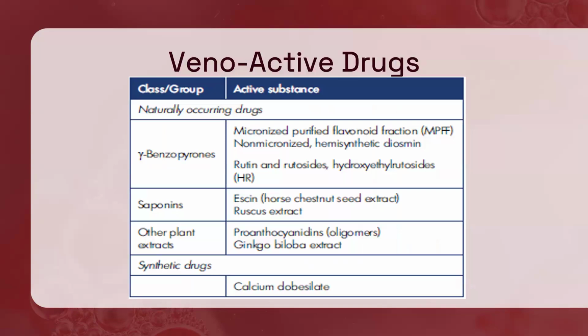So, coming to the venoactive drugs or the pharmacotherapy for chronic venous deficiency, as of now the micronized purified flavonoid fraction, which are venoactive drugs with a flavonoid derivative, have the largest evidence base for safety and long-term use. They have proven efficacy in suppressing the leukocyte-endothelial interaction, and are used in the treatment of venous edema and reducing venous pain.